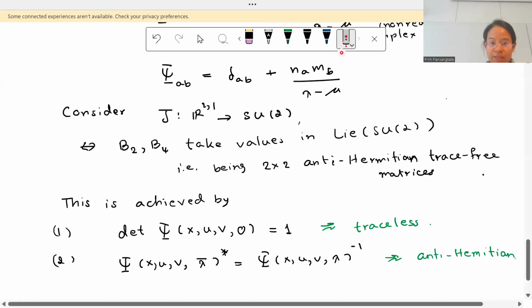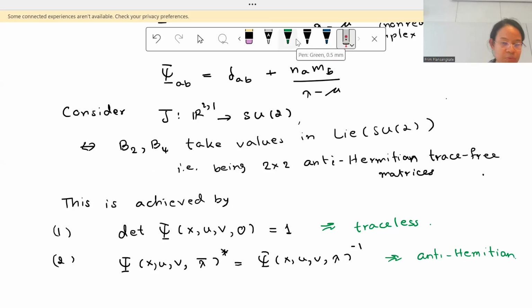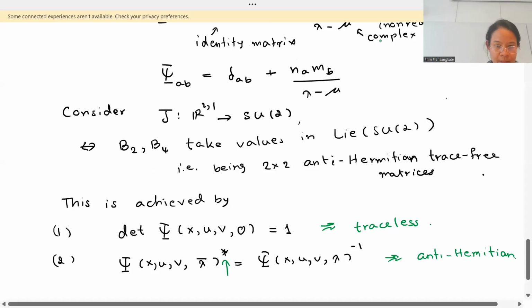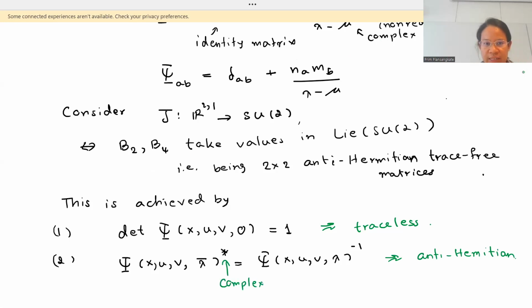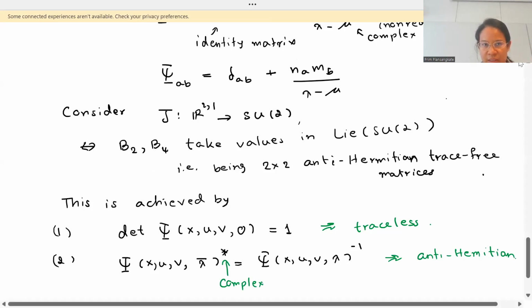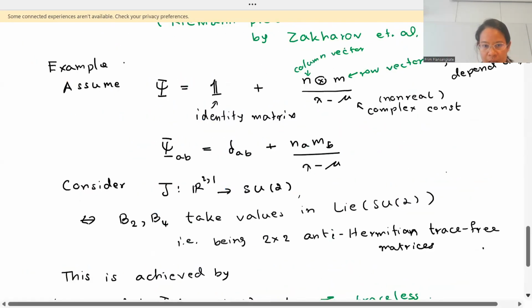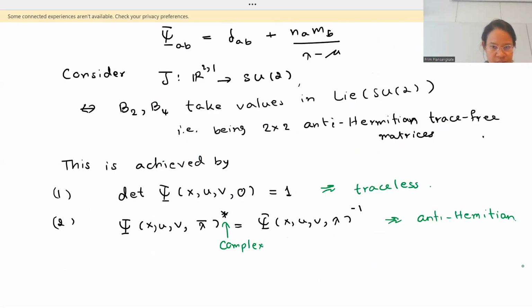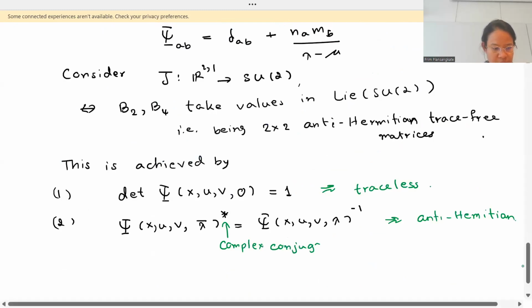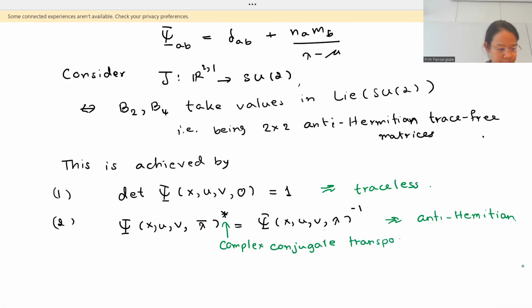Where lambda bar is the complex conjugate, and this star is the complex conjugate transpose. And you can check that what I claim is true by using the Lax pair here. Okay.